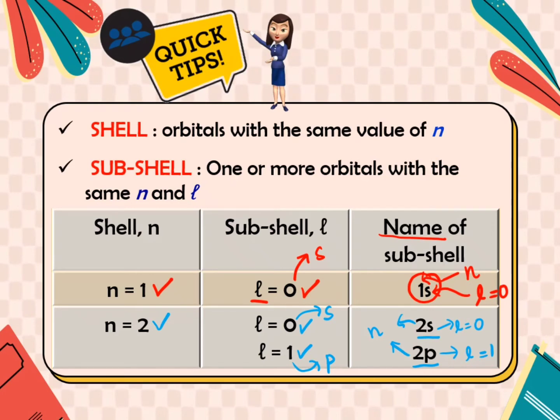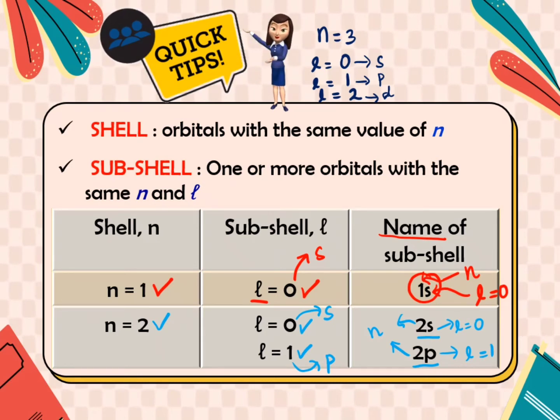Okay, how about if you have n equal to 3? Apa awak punya L? So L awak boleh jadi 0, L boleh jadi 1, L boleh jadi 2. Sebab nombor sebelum 3 apa? Okay, so as we know that if L equal to 0, refer to shape S. L equal to 1, refer to shape P. L equal to 2, refer to shape D. So apa dia punya subshell?